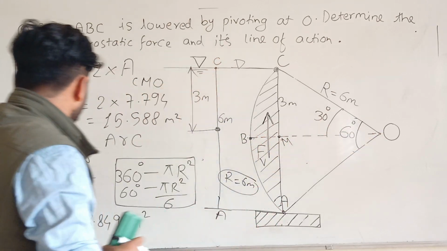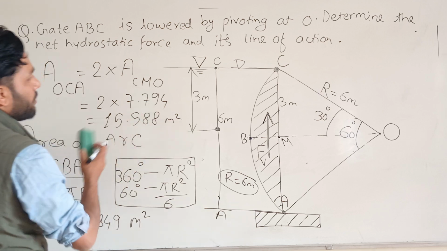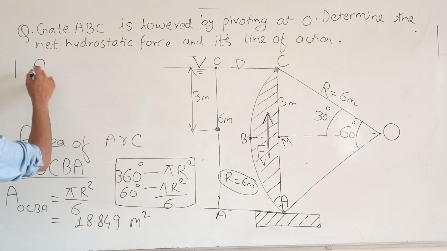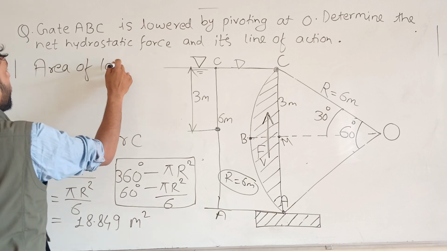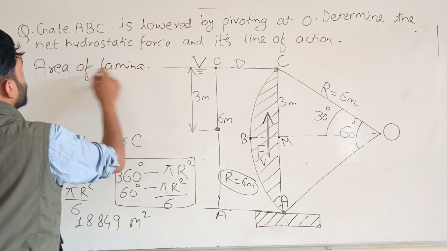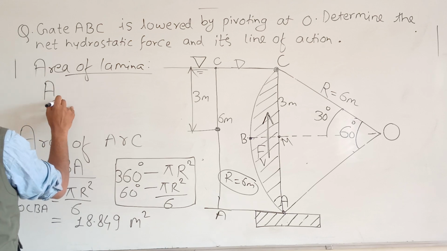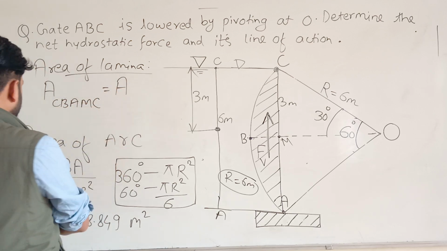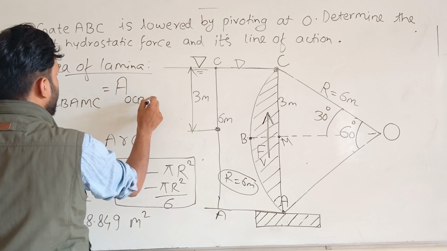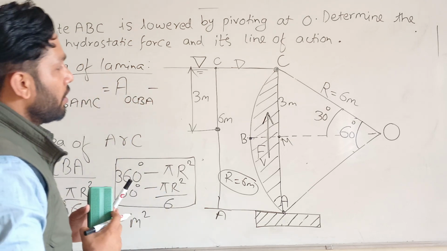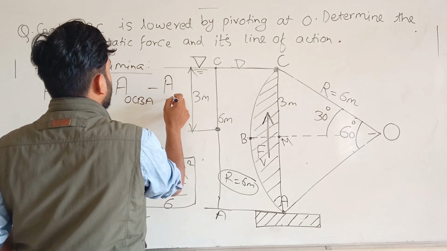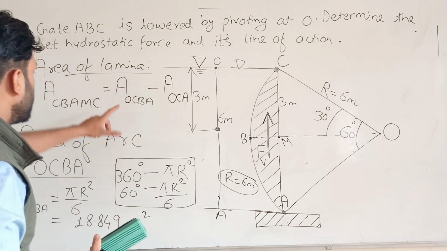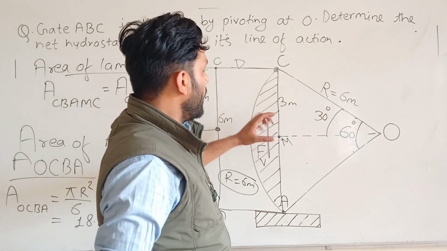The area of the lamina CBAMC is equal to the area of sector OCBA minus the area of triangle OCA.